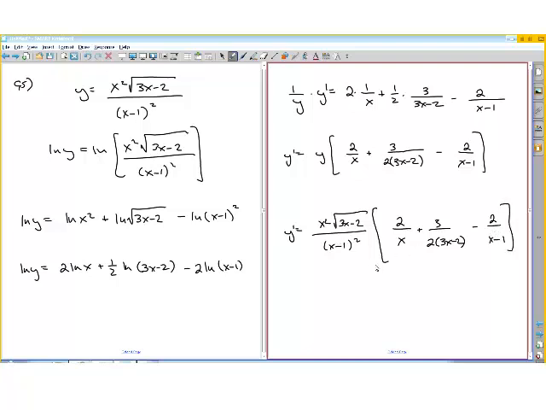Now the question is, do we want to try to simplify this by finding a common denominator between all three of them and combining the three terms and going from there? The book does it. I'm not sure whether it's really worth it or not, but this would be sufficient.